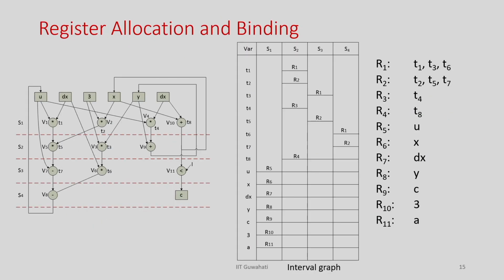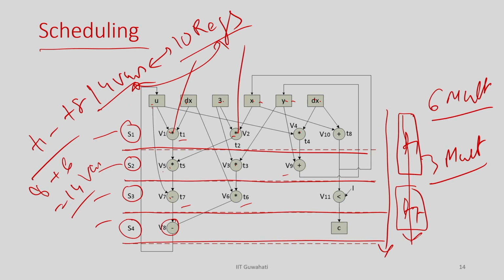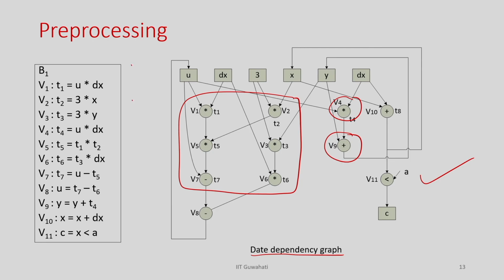We can do this way. Obviously understand that a register has to share more than one variable, but how to determine that. Once you write this program in C code, we just write T1 equal to this and that. We never bother about what happens to this T1 after this.